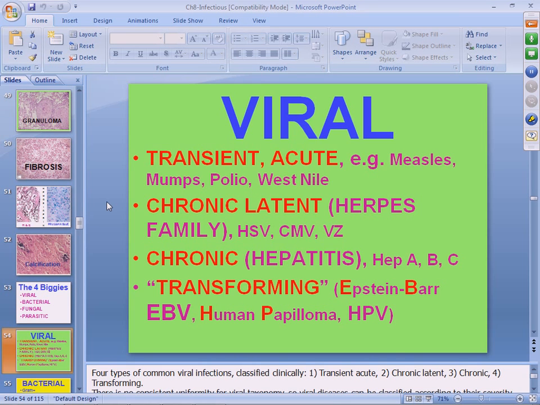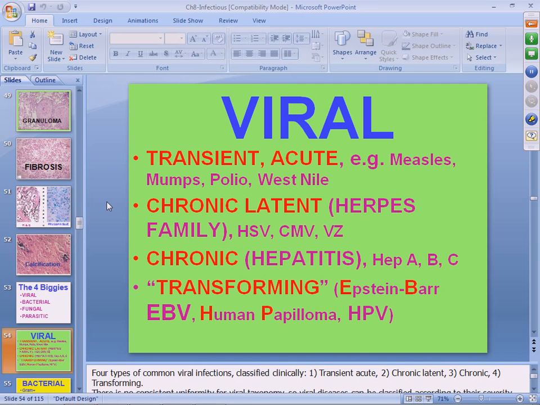Almost all of the viral diseases that can be grouped into the clinical category of chronic and latent, meaning it's chronic, but it may be totally inactive for a large period of time, often years, are practically all in the herpes family.